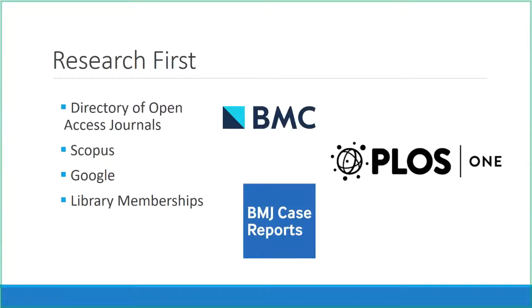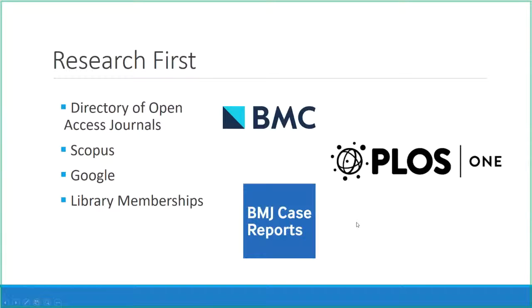You have to use your PCOM email address. So if you're going to publish and you expect the library to pay, you have to have a valid email. Yes. And for BMJ, in case we didn't pick that up, you have to have a PCOM email address when you're submitting to these journals.